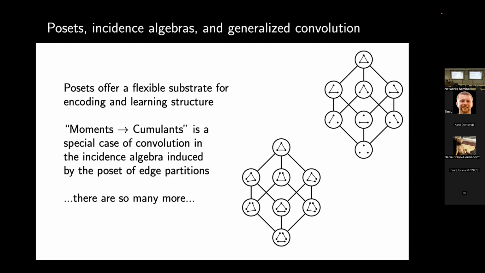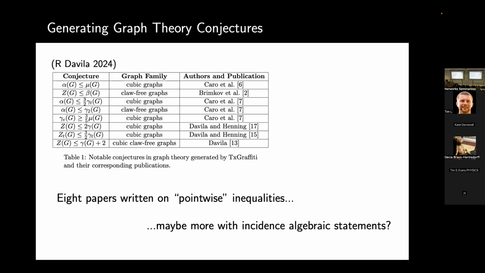In terms of future direction, I think these relationships could be used, thinking about other posets for subgraphs. Another application is mathematical AI.